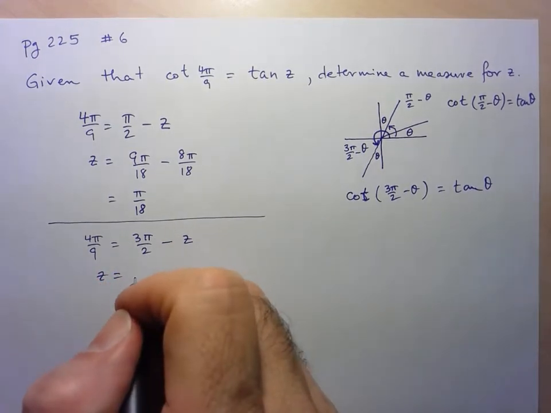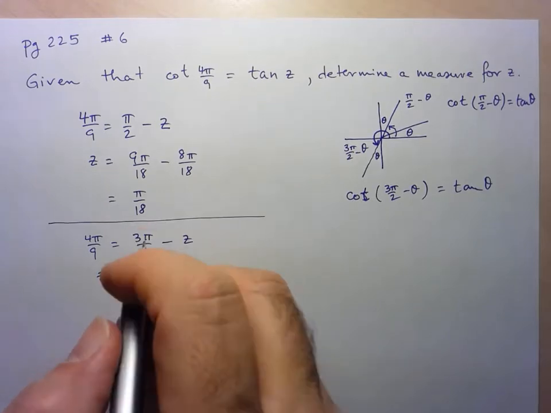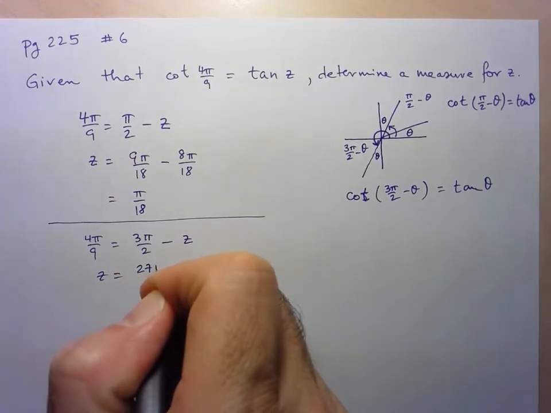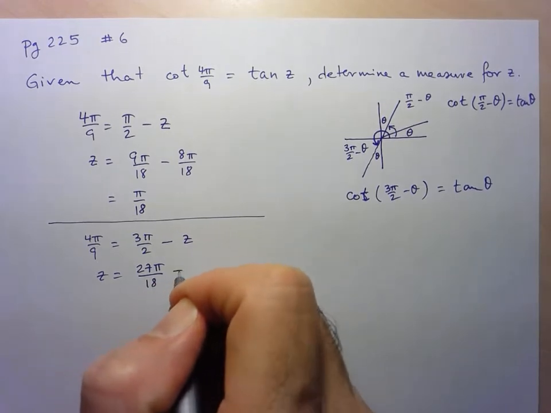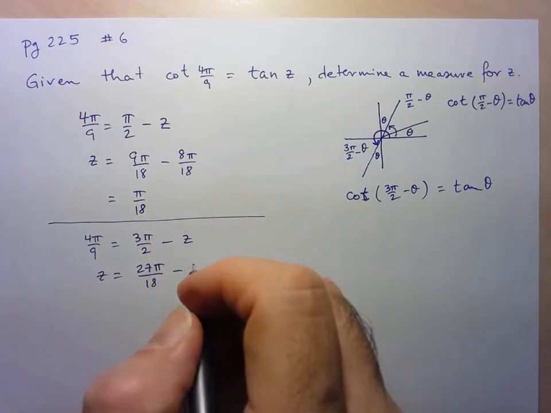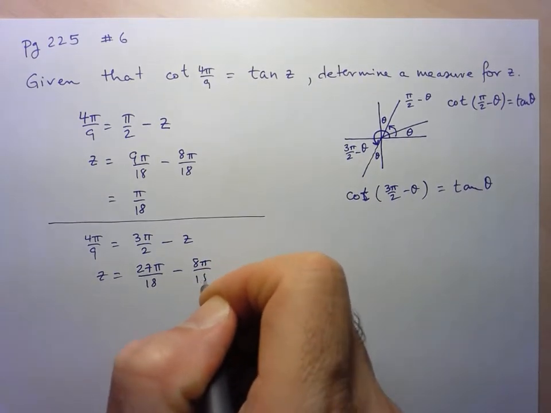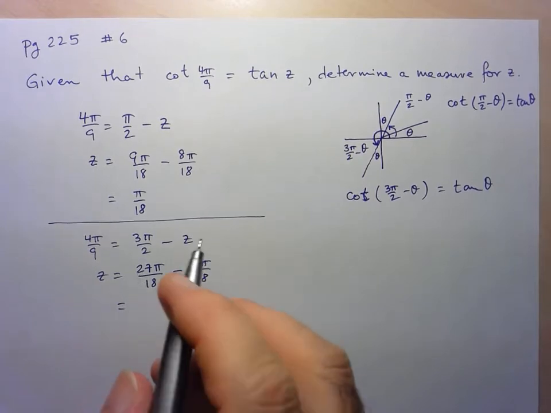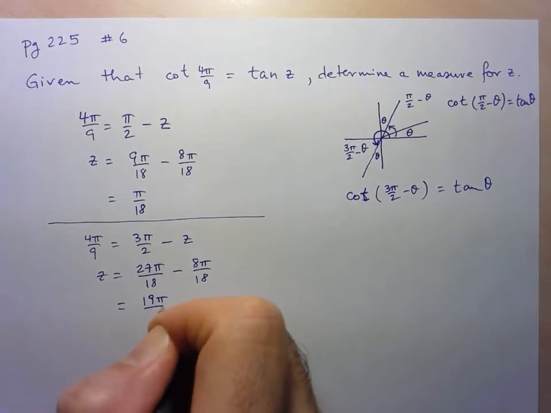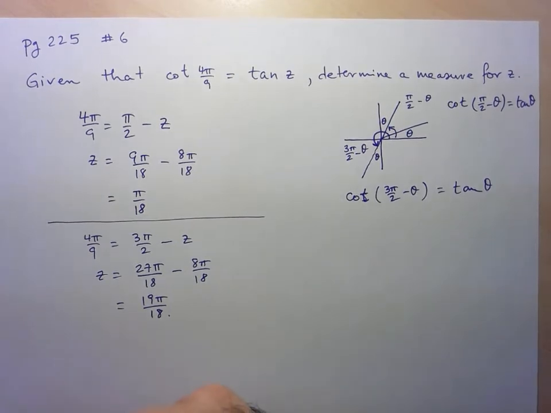I'll put everything over 18 again. So 3 times 9, 27 pi over 18 minus 8 pi over 18, and so z can also be equal to 27 minus 8, which is 19 pi over 18. So there's another possible value for z.